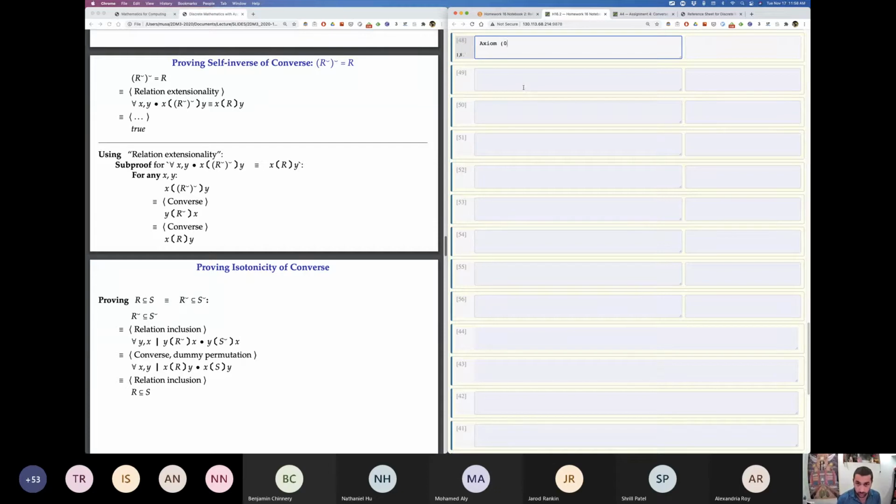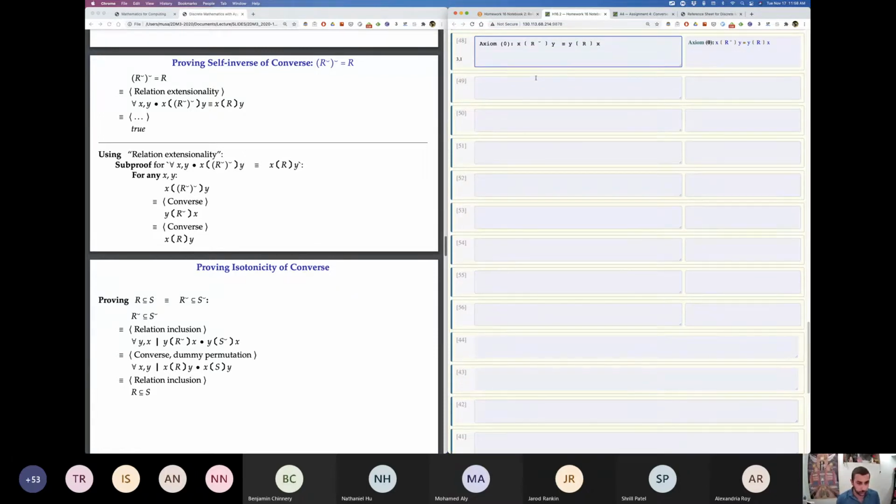There's an axiom 0, which says x is inside R converse y precisely when y R x. Let's see that. All right, great. So that's axiom 0. And now we have this theorem we want to prove, theorem 1, which says R converse converse equals R.